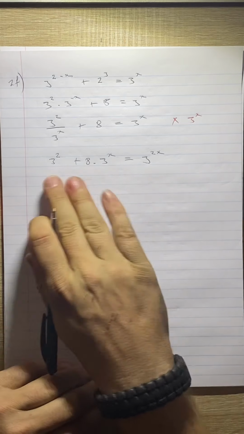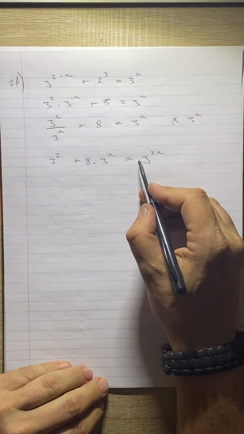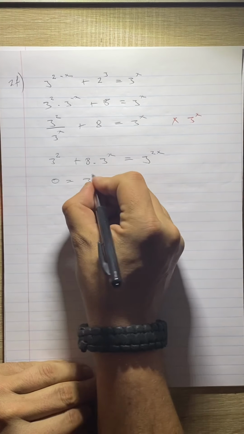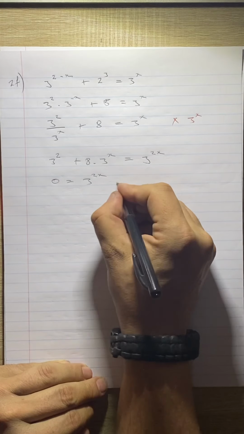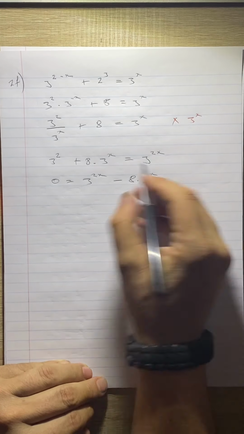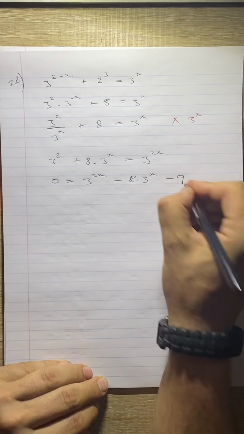Okay. I'm just going to take everything to that side. The reason being is because I want my highest power of x to be positive. So we get 0 is equal to 3 to the 2x, minus 8 times 3 to the x. Take that to the other side, and then we just square it, becomes minus 9.